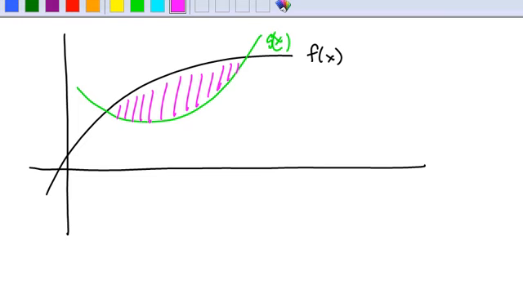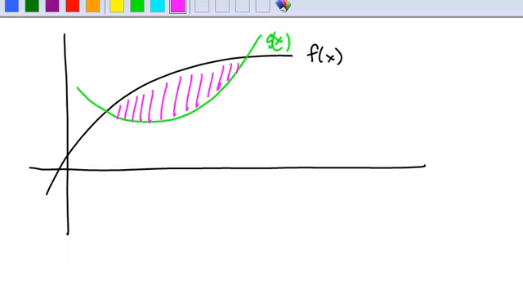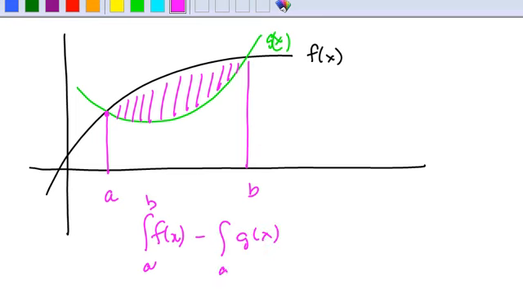In the last example I defined the left-hand and right-hand bounds, but in this one I haven't. I just said the area in between. So your first job would always be to find these two points, where the two curves intersect. Then you find the area in between, which would be the integral of f of x minus the integral of g of x. So that's an added wrinkle.